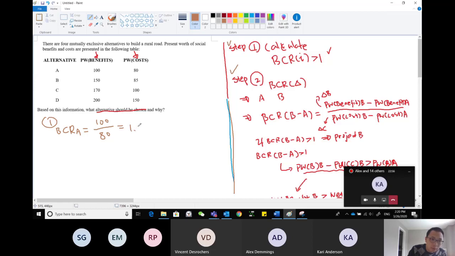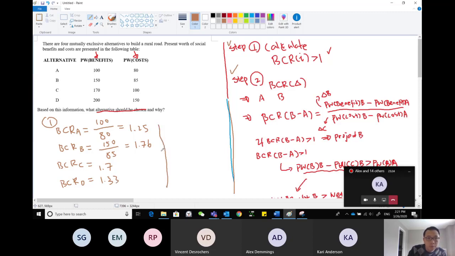So that's 1.25. BCR B will be 150 divided by 85. So that's 1.76. BCR C is 1.7. BCR D equals 1.33.